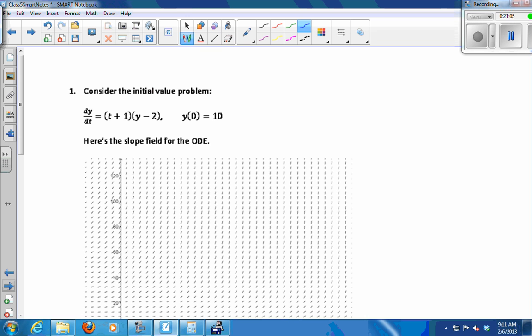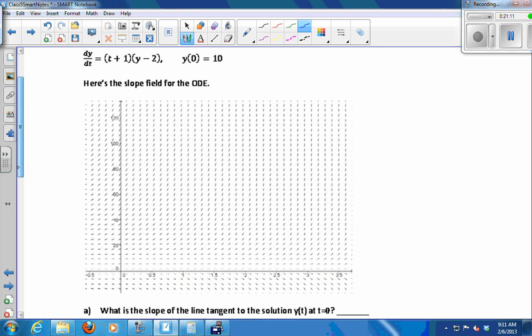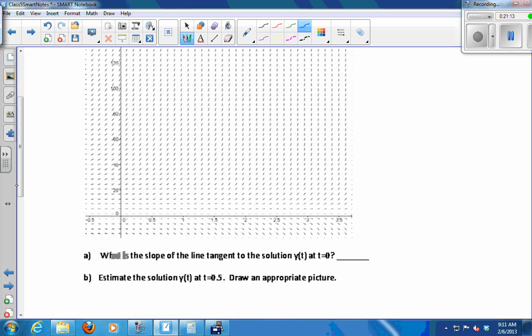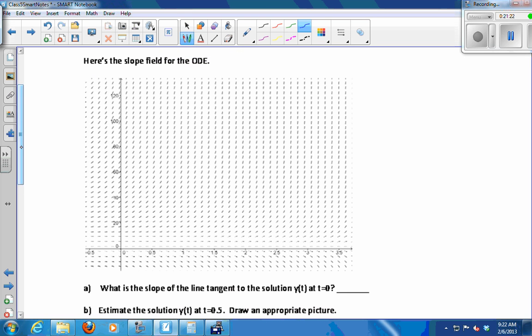So I'm going to have you try, there's a whole bunch here. Let me do one step with you, because I think another picture would really help. So we know that y of 0 is 10 in this picture. Actually, I'm not even going to draw it on the slope field.